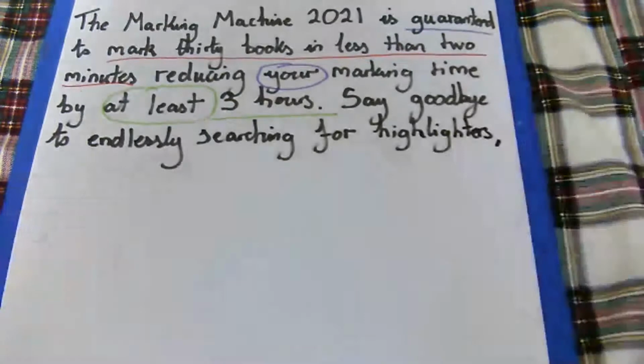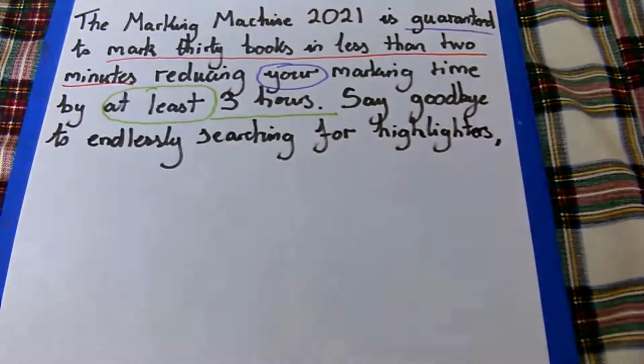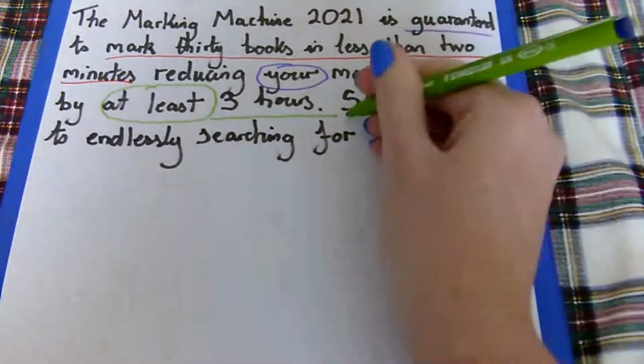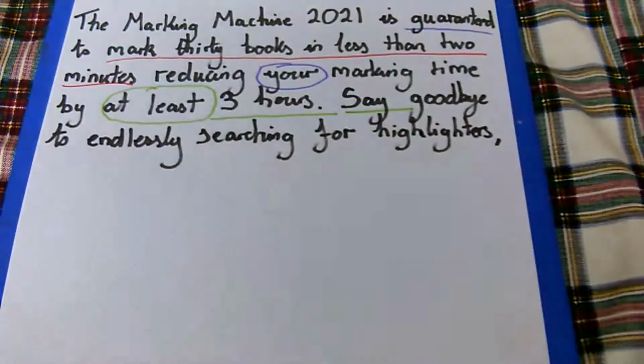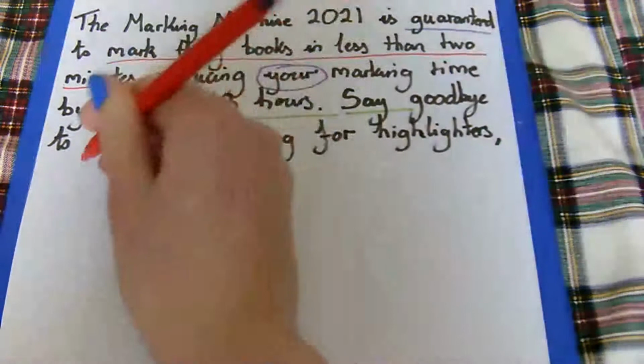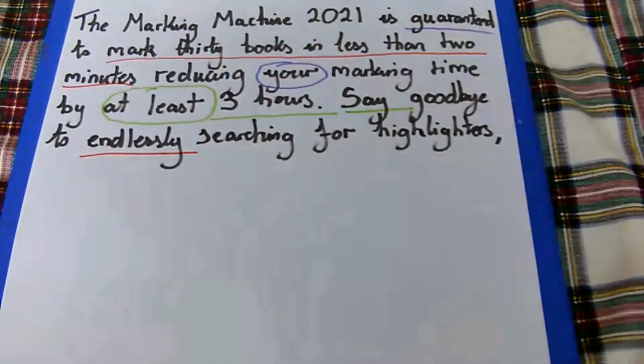Then I'm going to put a comma. So the use of the imperative verb here, say, so say goodbye to endlessly. The use of the adverb adds more information. Say goodbye to endlessly searching for highlighters.